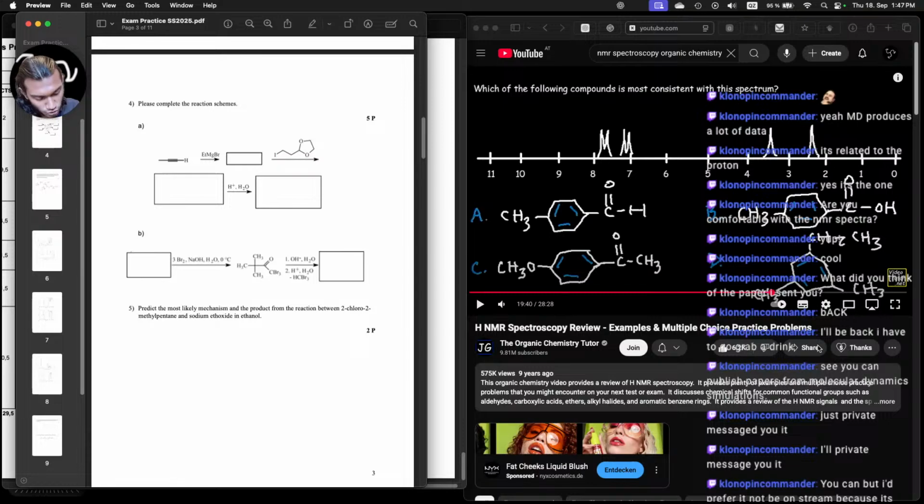That's benzene attached to something useless. CH3, C double bond O, OH. C3O.